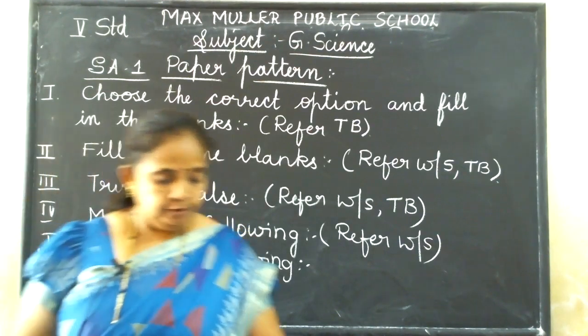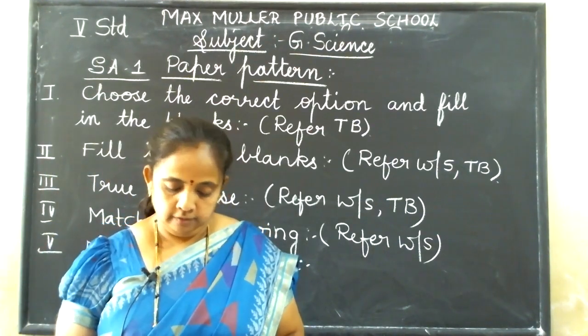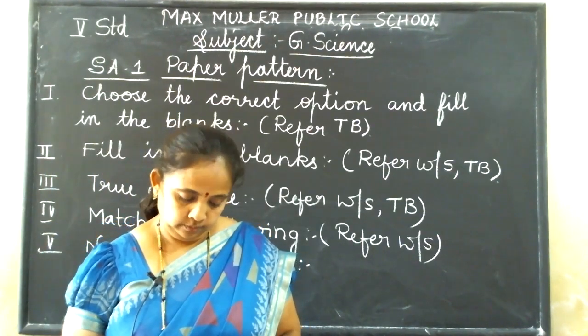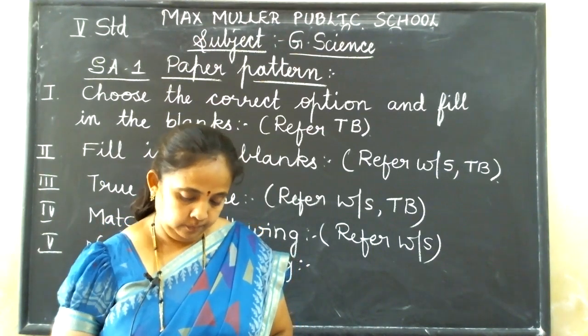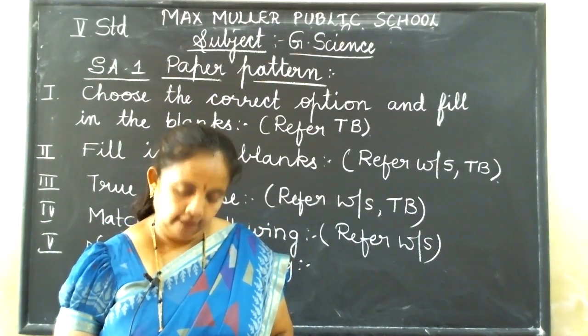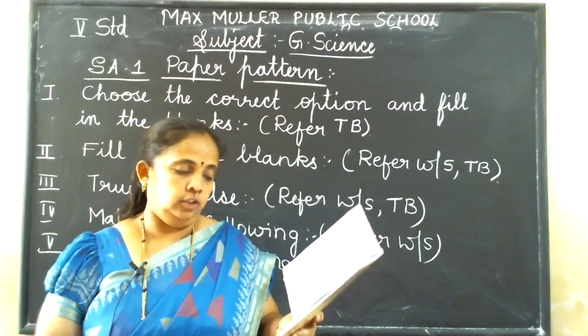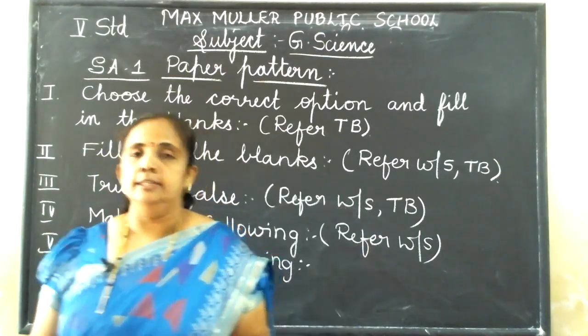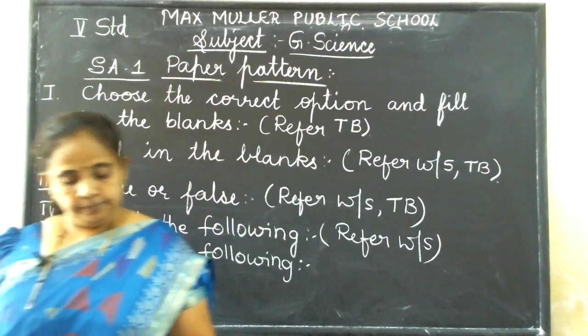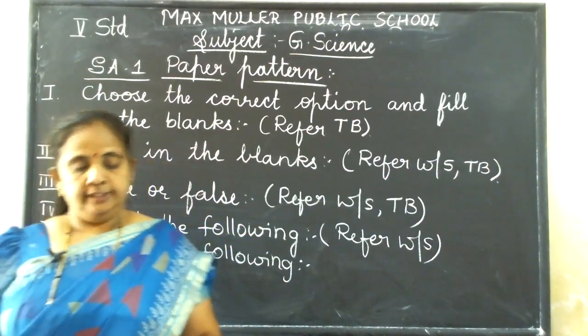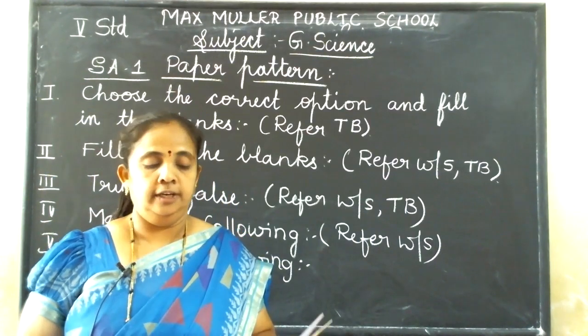Apart from this, you have it in your July worksheet also. Fifth main there: a stick-like structure that holds up the anthers, filament. A yellow powder which anthers have: pollen grains.